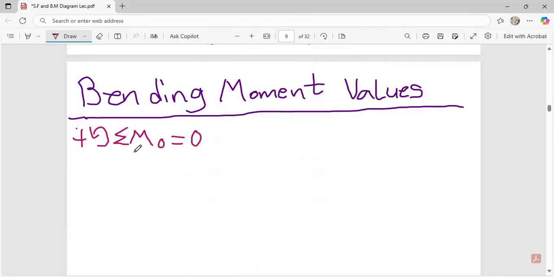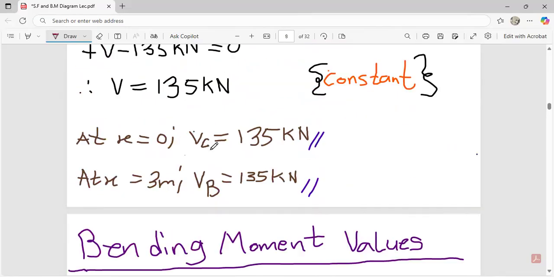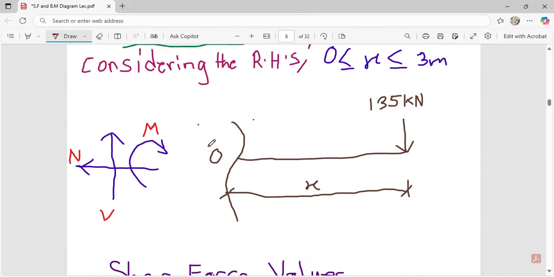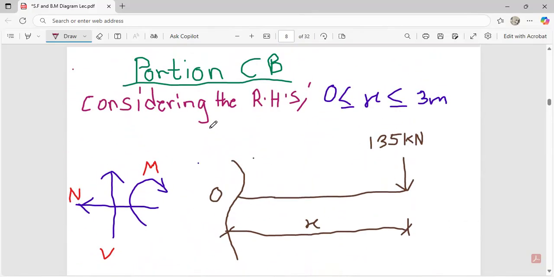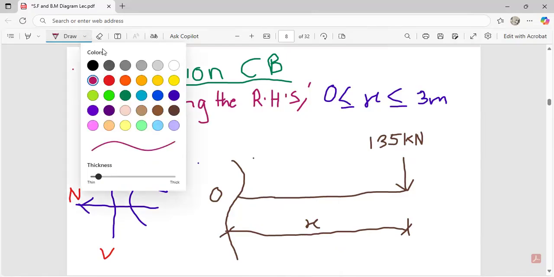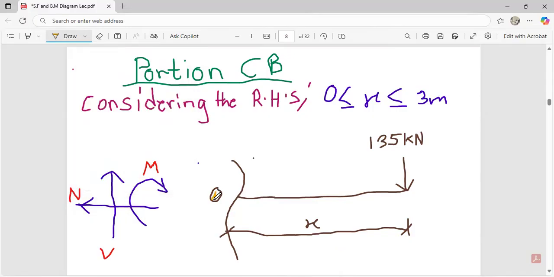From there, what is the next thing we're going to do? It means that we have to start taking our moments. Let's move to our diagram. This is the diagram I drew for portion C after taking the cut. If you stand at this O, this origin, and you open your compass to here, a distance of x has been covered.